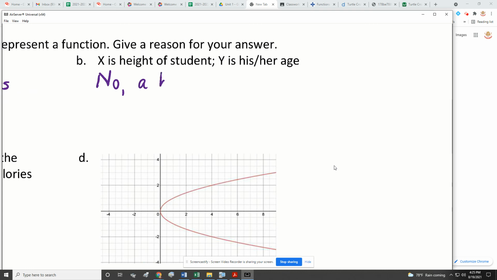The height isn't associated with a particular age, or with one particular age.